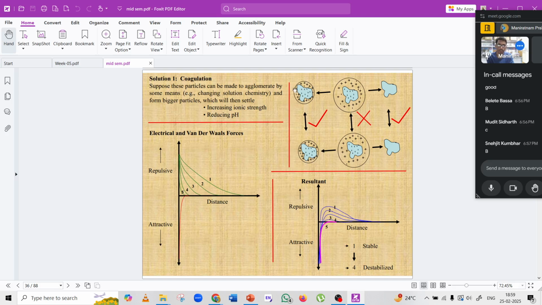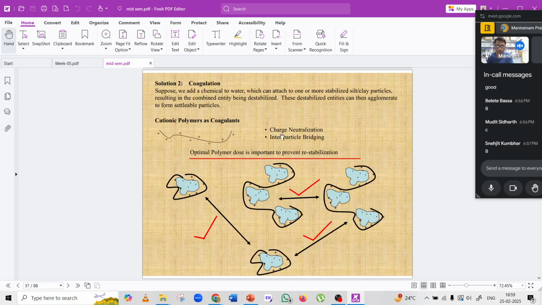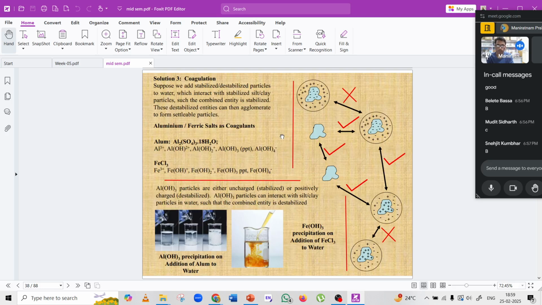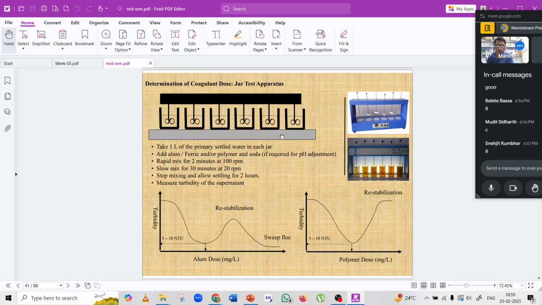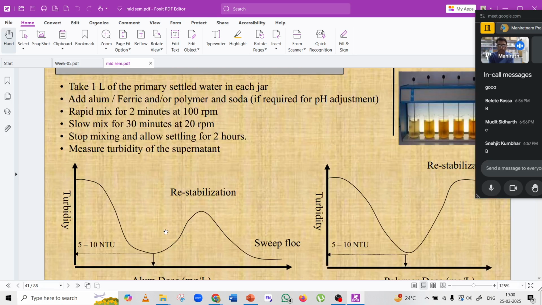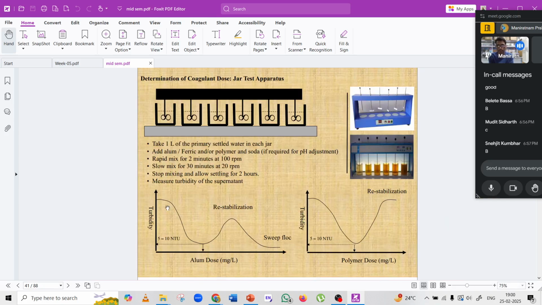Here you can see, initially there was some initial turbidity of our system.